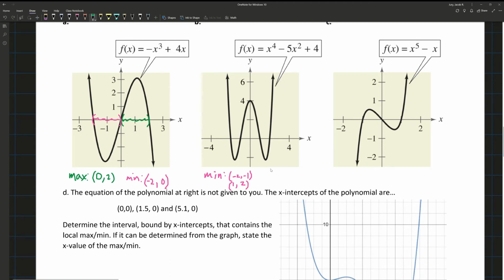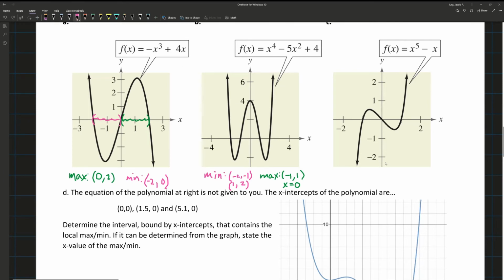And then our maximum is going to occur between -1 and 1. And then we know that max value has an x value that equals 0, because we can see right here where that maximum is. If it's not readily apparent that the graph is showing where the maximum is, then it's best just to leave it as the interval.